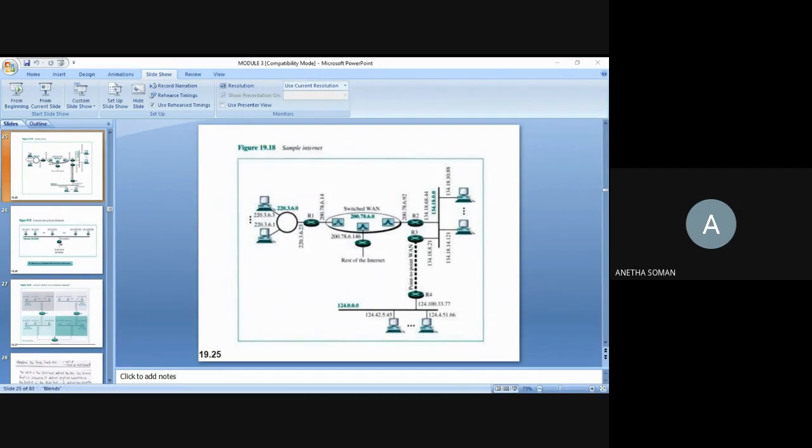Now I have told what a mask is. If you want to get the subnetwork address from an IP address, you require the mask. The default mask is a 32-bit binary number with a number of ones and zeros depending on the class, and with that value you will be able to identify the network address.